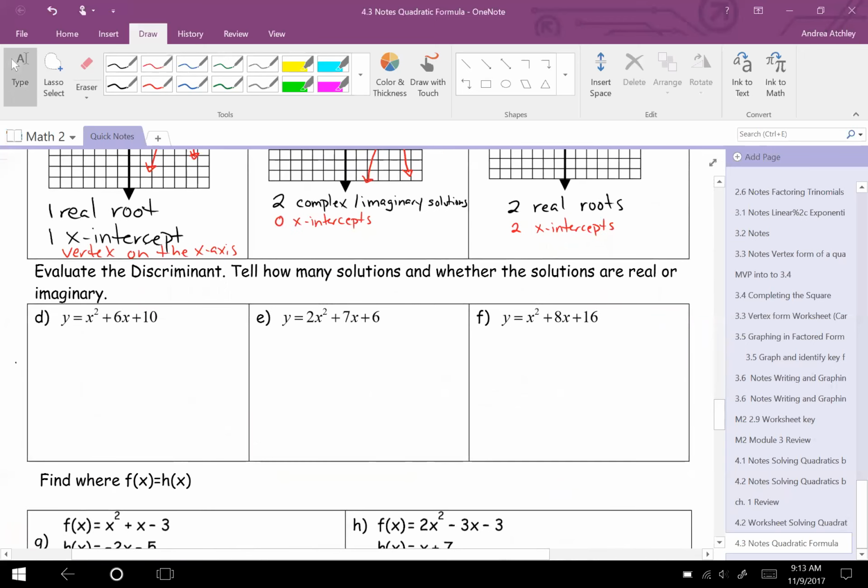So now we're going to evaluate the discriminant. We're going to figure out if these quadratics are going to have 1 real root, 2 complex roots, or 2 real roots. So you just worry about the discriminant inside that radical, b squared minus 4ac.